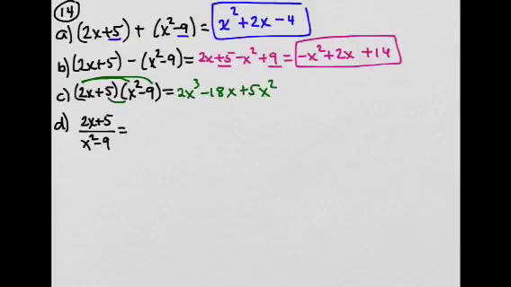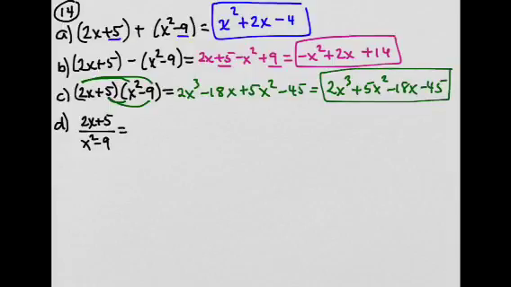And 5 times negative 9, negative 45. There are no like terms, so all we have to do is put this in standard form. So it's 2x cubed plus 5x squared minus 18x minus 45. And that's the answer for that one.